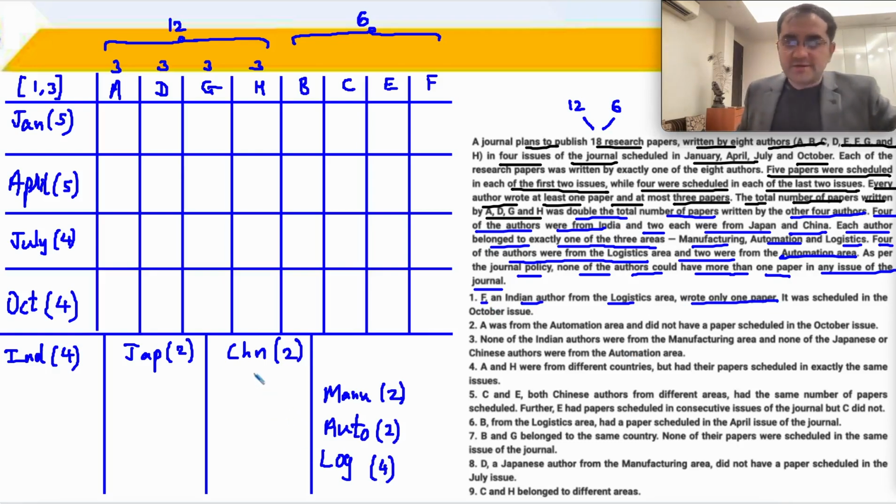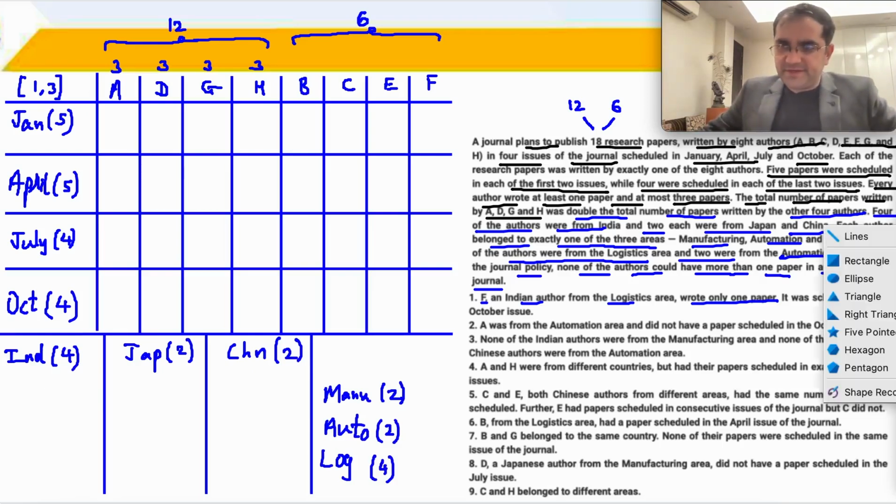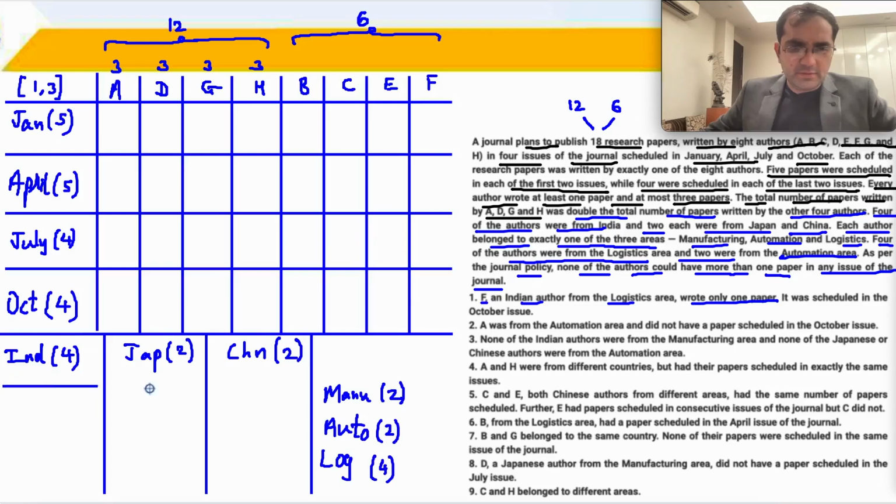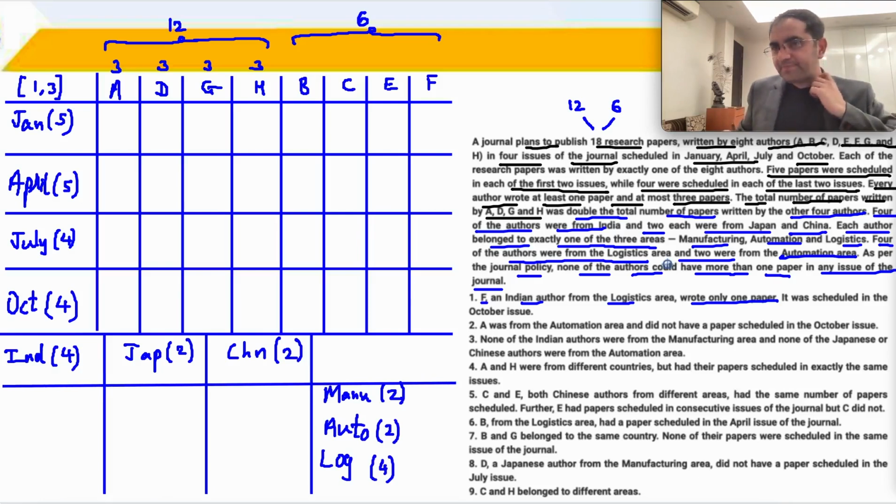Should we make it a little more neat? Yeah, I need another line here. One more line. So F is an Indian author from logistics.